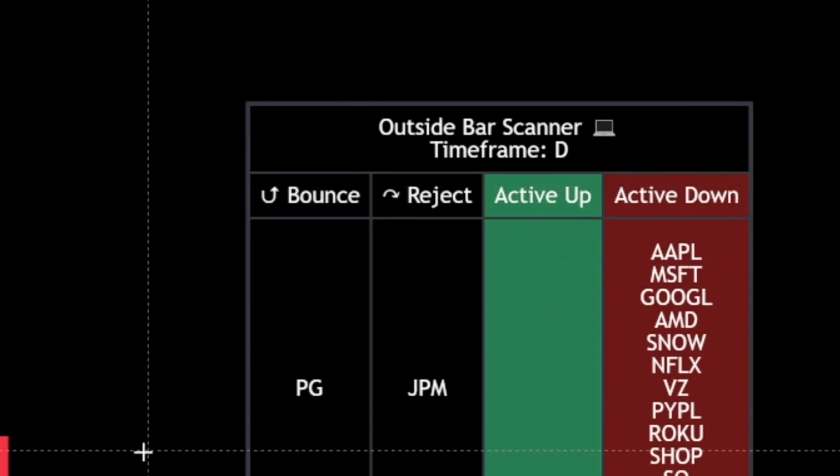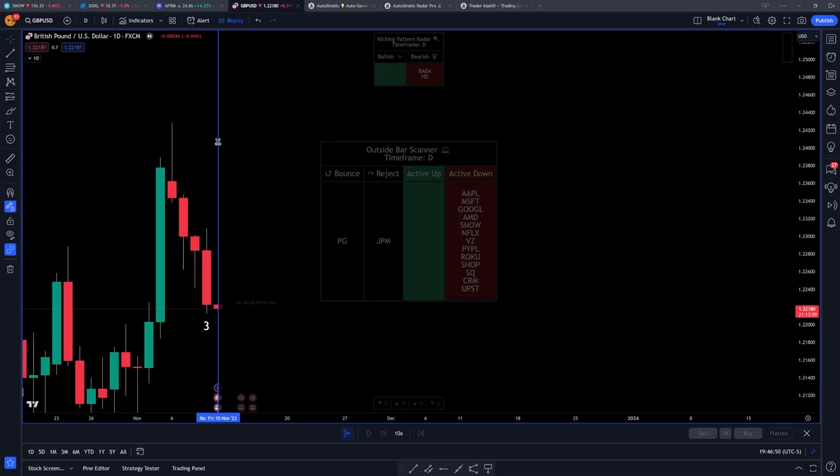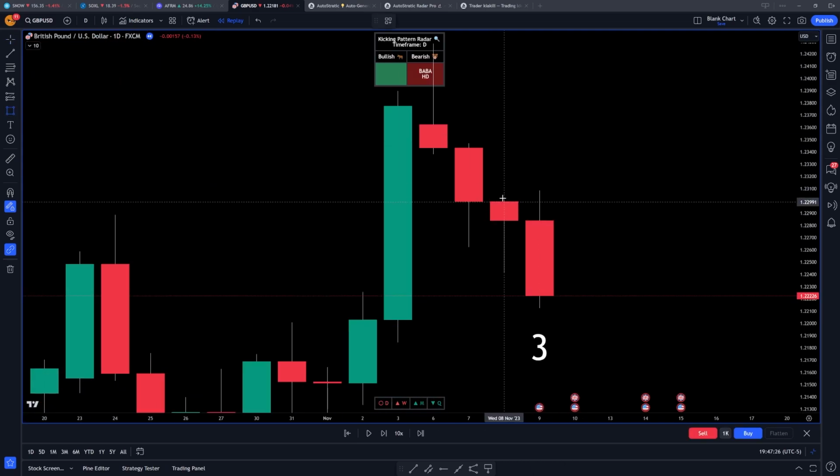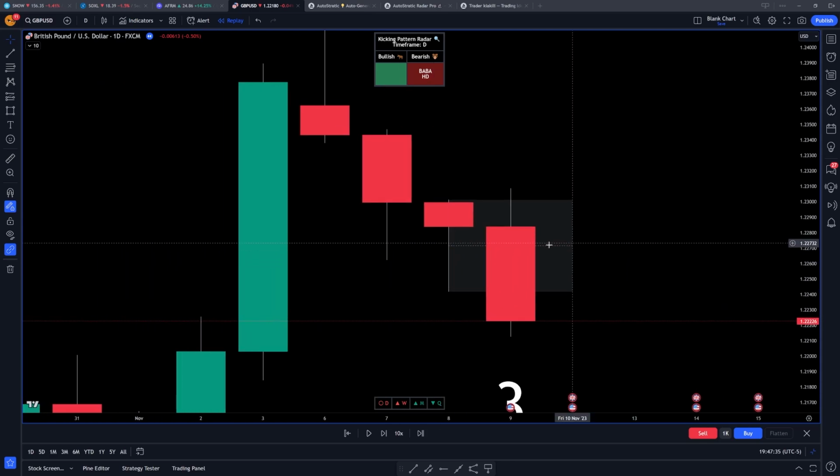So essentially, what involves an outside candle setup here, if I take a box from the high to the low of this candle, you see there's a bit of a dotted line in the middle there. That dotted line is the halfway point.